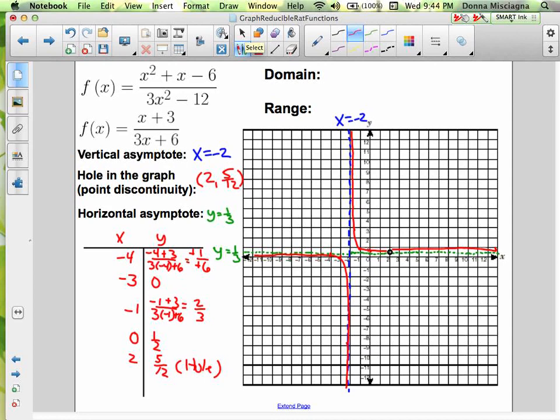Domain is up there. So domain is going to be everything but the vertical asymptote and the hole. So x can't equal -1, excuse me, that's not -1, that's -2. x can't equal -2, and x can't equal +2.